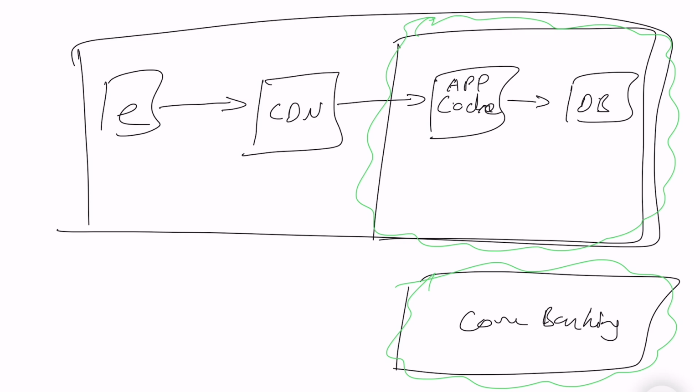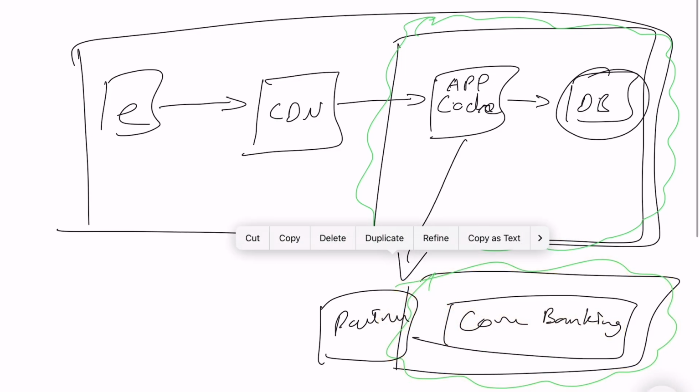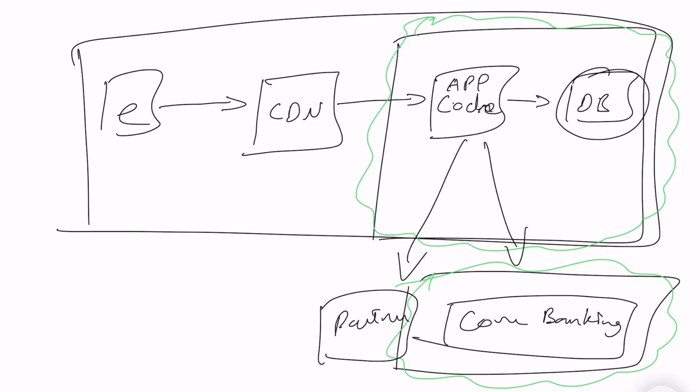Okay, so it is possible that the final source of truth, or finally where the data is stored, can be a database, or can be another external system, a core banking, or maybe a partner system which is again outside your data center. Okay, so to access the actual data, there are two ways. Either it can be a partner or external core banking, or your local database. In both the cases, you can cache the data over here.